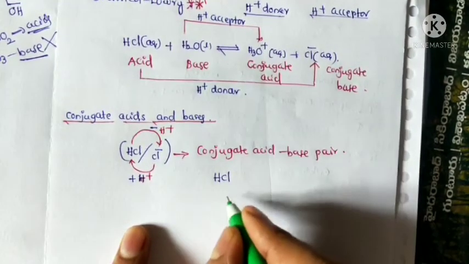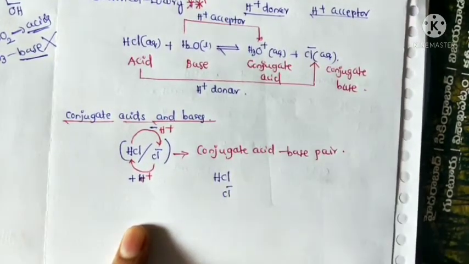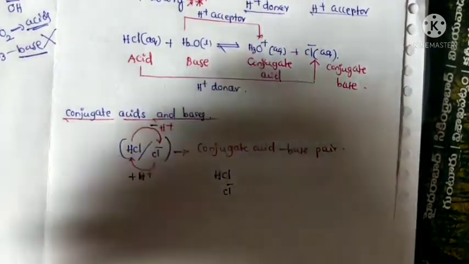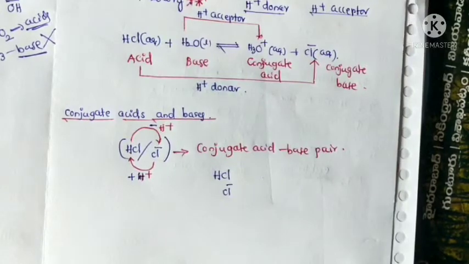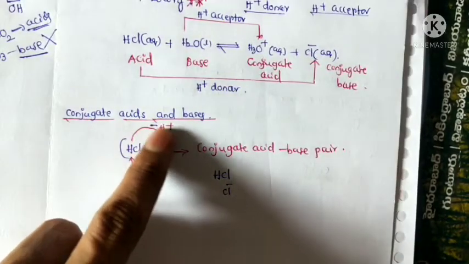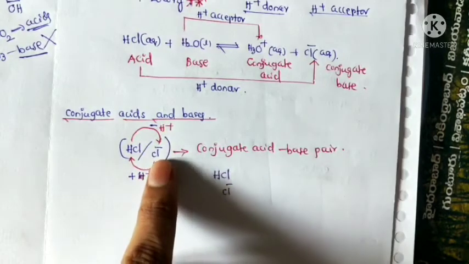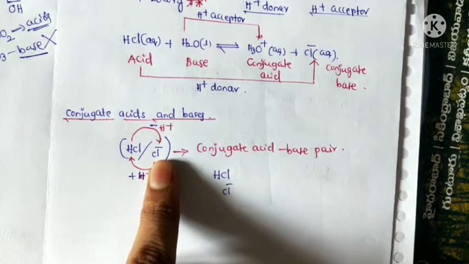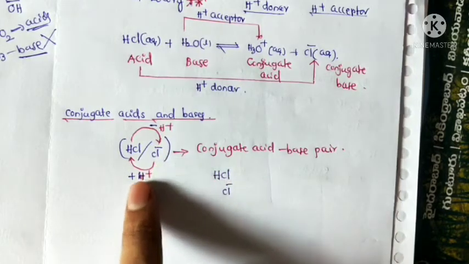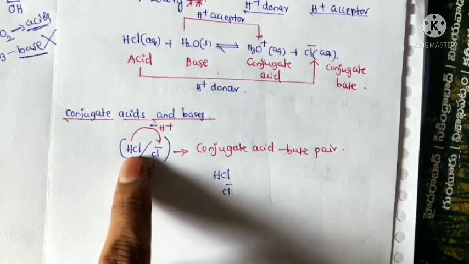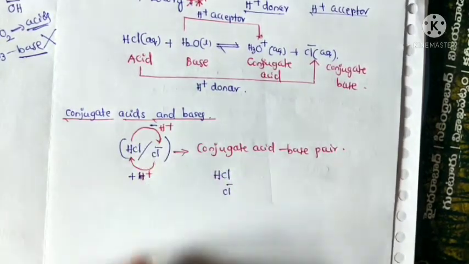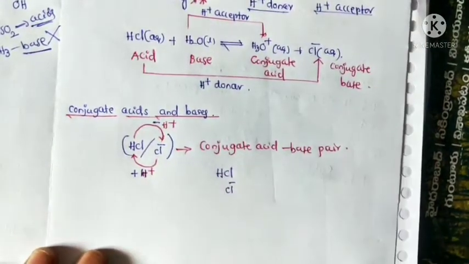HCl is an acid and the other is a base. How many protons differ here? Only one proton differs. On loss of one proton, HCl is converted into Cl minus, the chloride ion. If the chloride ion accepts one proton, it is converted into HCl. So this pair is called a conjugate acid-base pair.